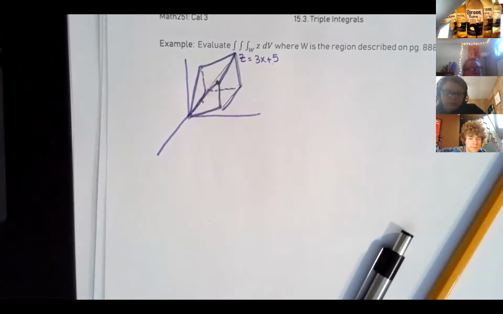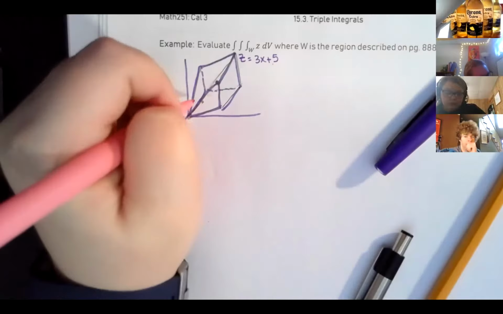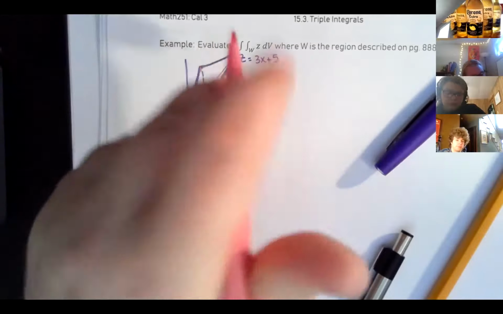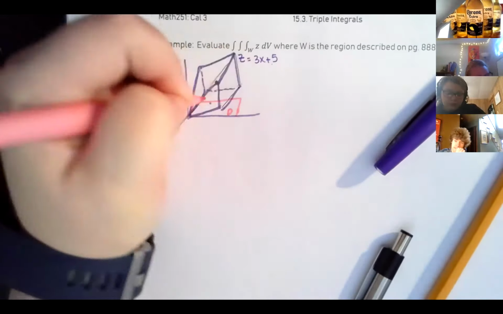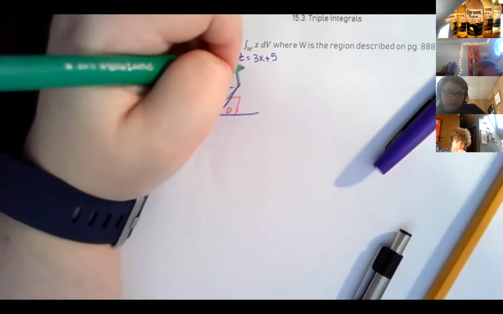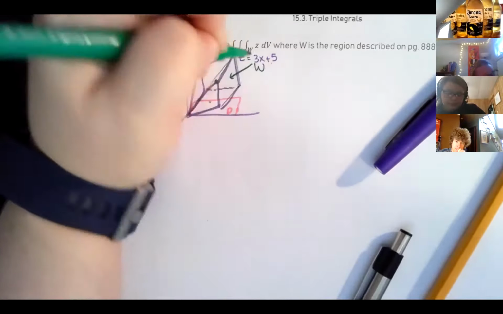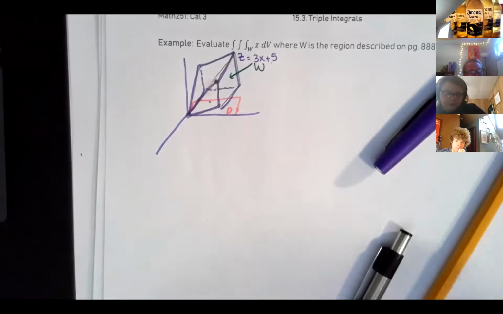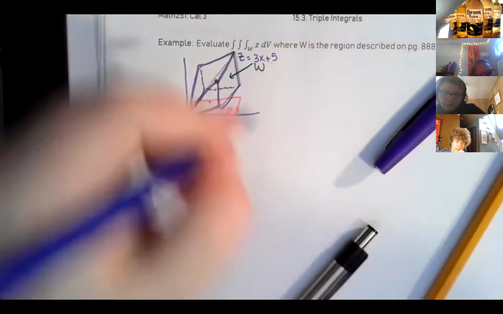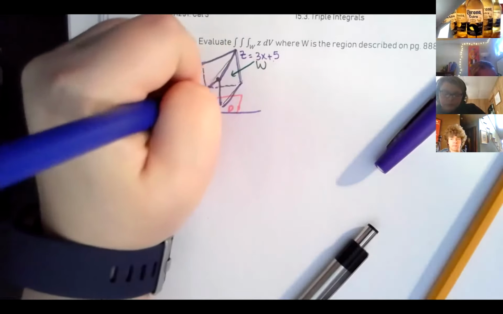They're calling this region beneath it, this rectangular box, which is this projection underneath there, D. This thing here is W. This number back here is a 2. This right here is a 3.